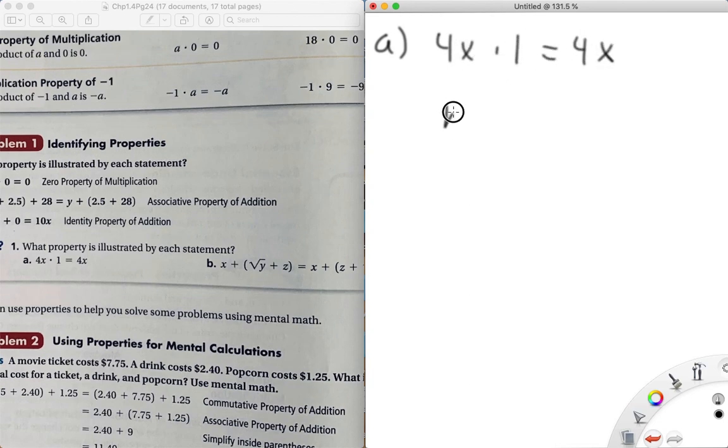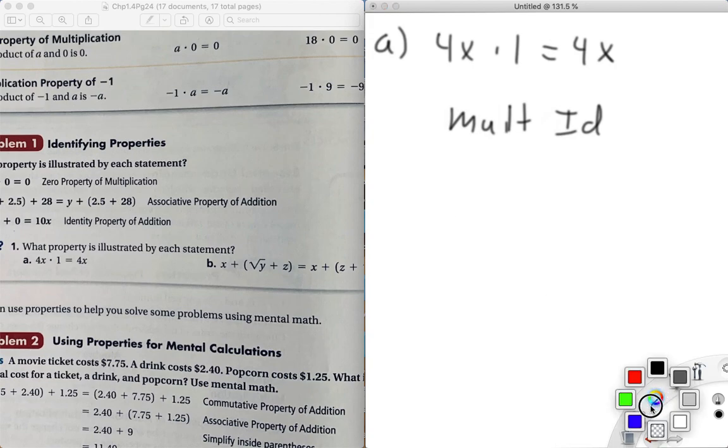That is the multiplicative property of 0. Nope, that's the multiplicative identity. I'm sorry, I'm rushing. Multiplicative identity, meaning that any number times 1 equals itself. 4x times 1 equals 4x. Multiplicative identity.